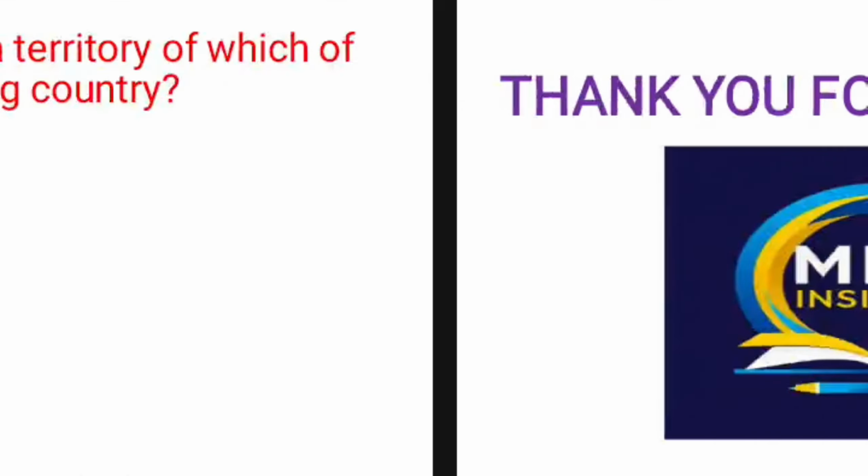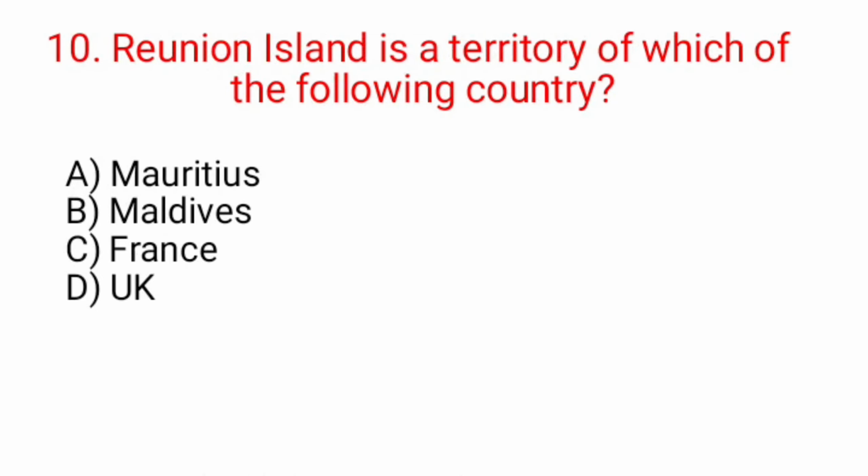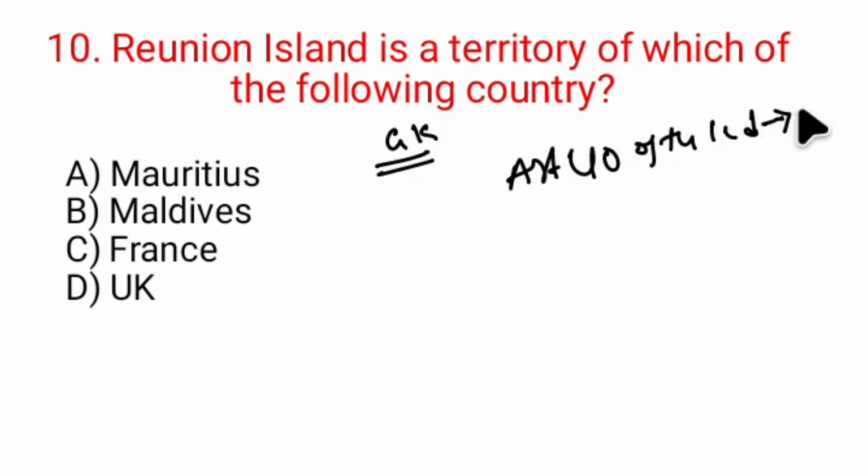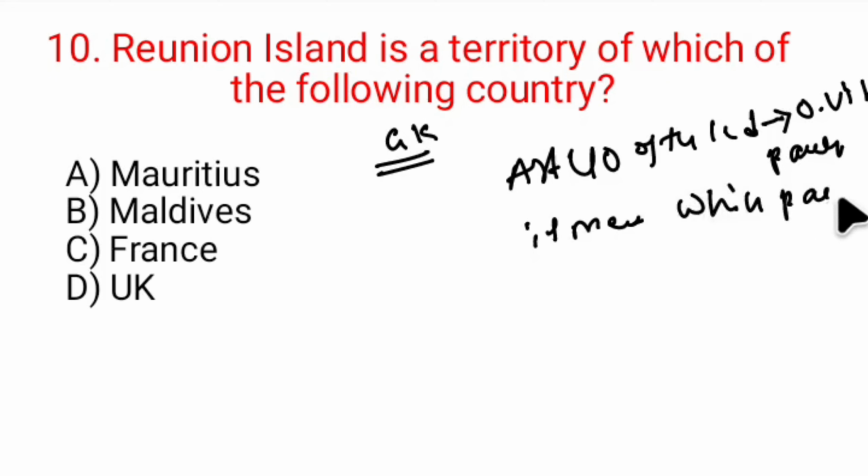And we forgot to mention the static GK question here, so let me frame the question. This is a static GK question. Article 40 of the Indian Constitution, which talks about the organization of village panchayats, is mentioned in which part of the Constitution of India?